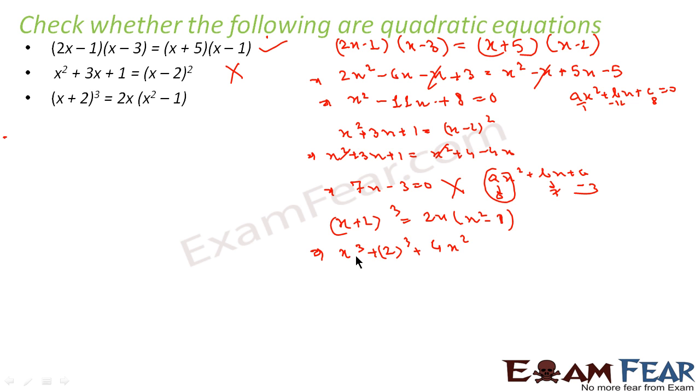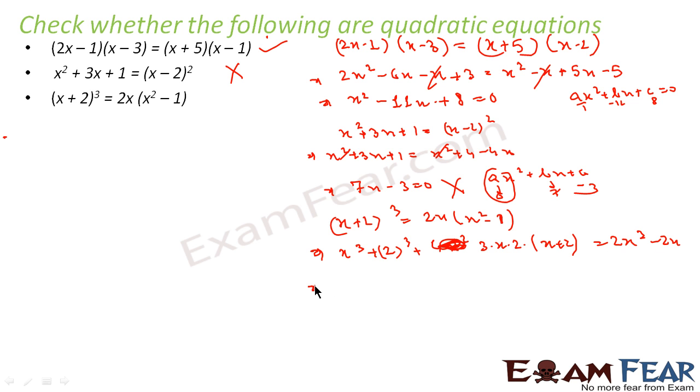Sorry, it is a cube plus b cube plus 3ab into a plus b. So this is 3 into a, which is x, into b, which is 2, into a plus b, right? This is the formula, is equal to 2x cube minus 2x, correct?